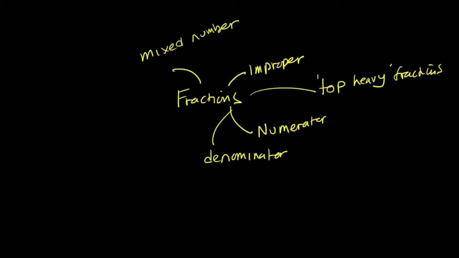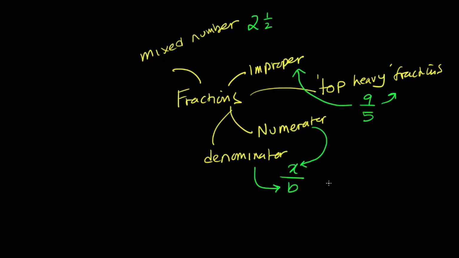Let's give some examples. So like you said, 9 out of 5 would be top-heavy and improper, isn't it? Yeah. Mixed number? Give me an example of a mixed number. 2 and 1 over 2. 2.5. Mixed number. Right. Denominator is the bottom number. Numerator is the top number.